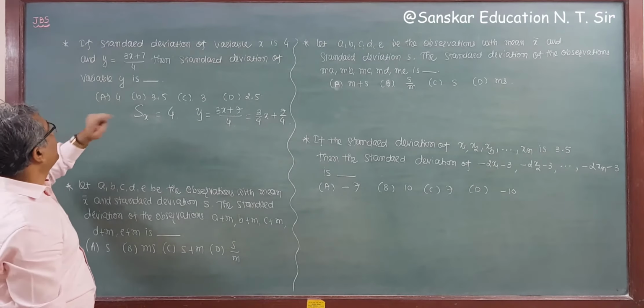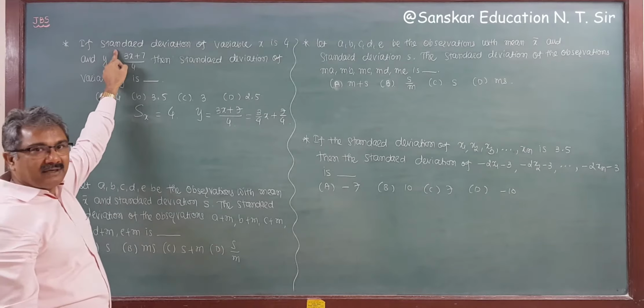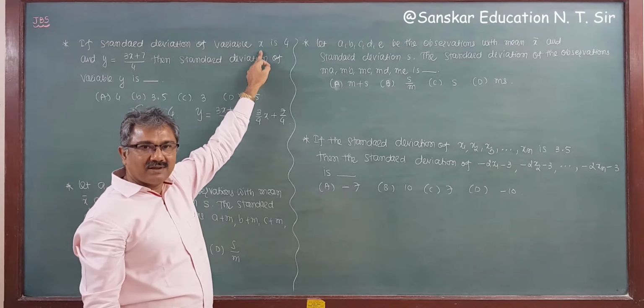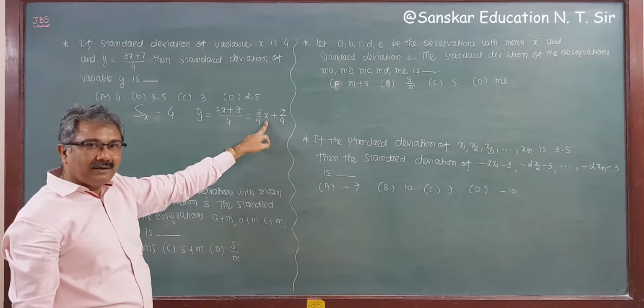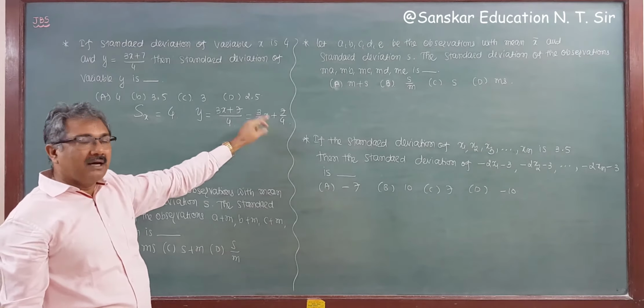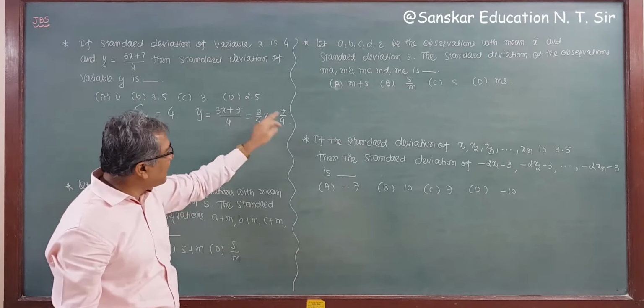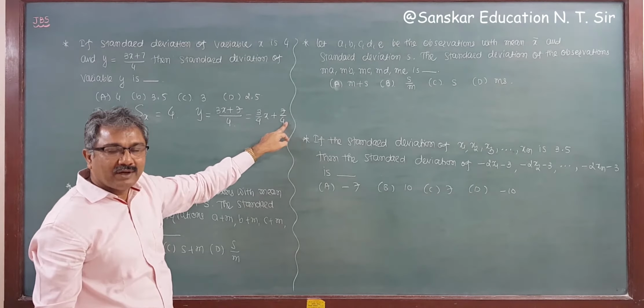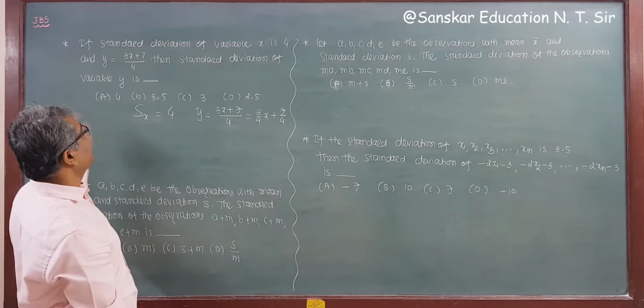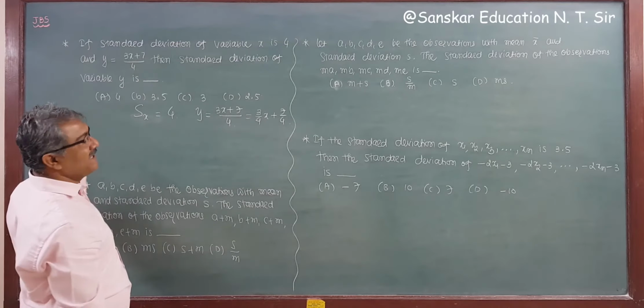Means the old variable is x. So the old observations x are multiplied by 3 by 4 and 7 by 4 is added. And you know, for these observations we have to find the standard deviation.